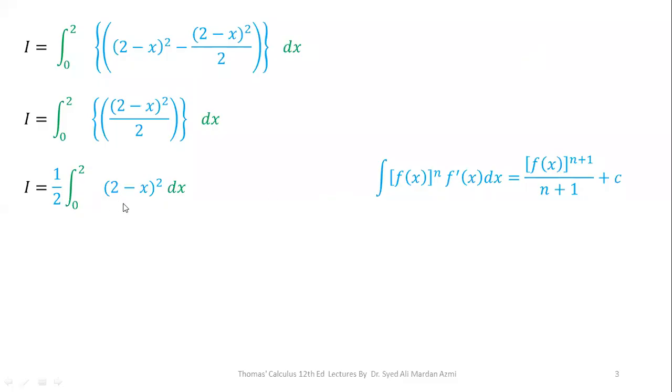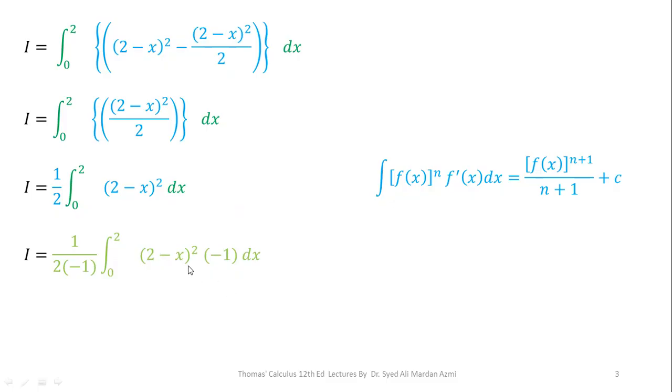If we compare the given function 2 minus x squared with this formula, we can see that the derivative of 2 minus x is minus 1 with respect to x. So to develop its derivative as a multiplier, we multiply by minus 1 and divide by minus 1, so that we have the derivative of the term inside the power as a multiplier. After this, we can apply this formula.